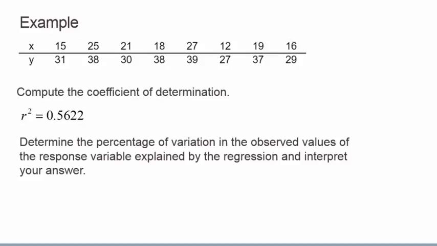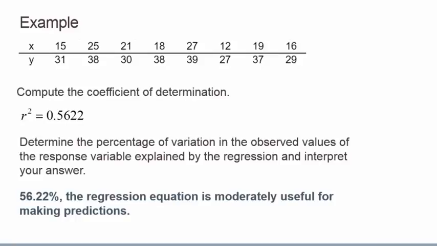Determine the percentage of variation in the observed values of the response variable explained by the regression and interpret your answer. To find my percentage of variation, all I have to do is take my coefficient of determination and change it to a percent. 0.5622 becomes 56.22%.